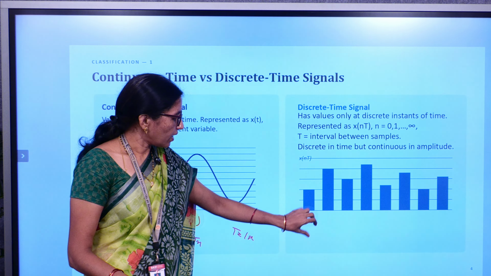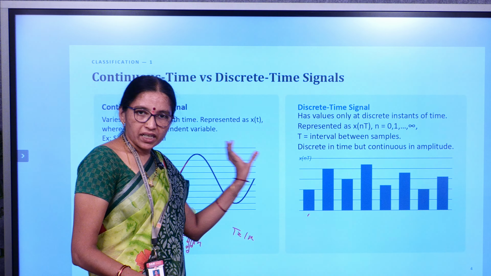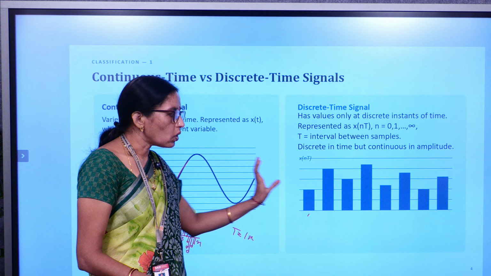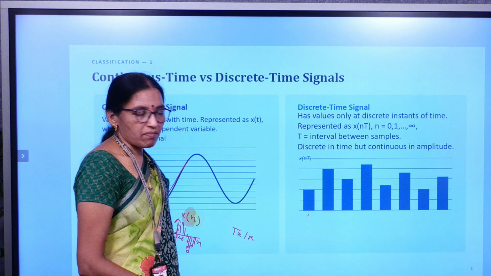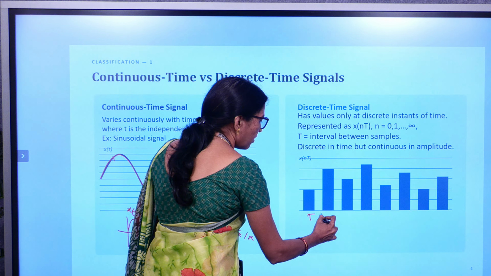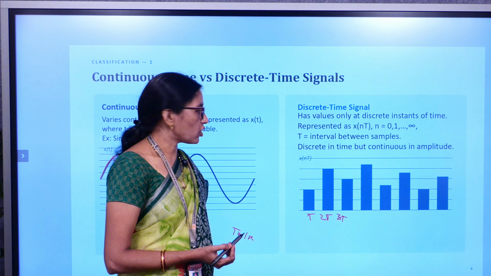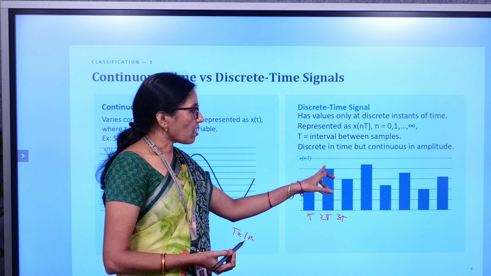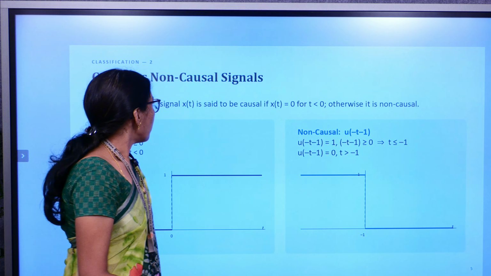Each of these points is called a sample. So continuous time signal can be converted into discrete time signal, and signal is defined at discrete instants of time. For example, this is T, 2T, 3T. So for every certain interval, we have some amplitude, and it is represented by x of nT. So this is the difference between continuous and discrete time signal.